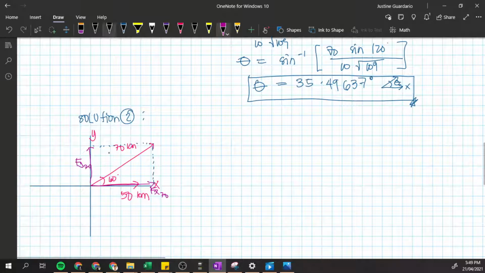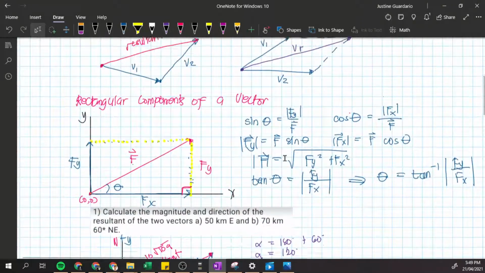So, to start our analysis, we start with taking the summation of the forces sa ating x-axis, okay? Yung mga x natin na vector. So, eto lang yun para mas madali. Wala tayong mga nakaslant. Kasi nga ni-resolve na natin 'tong ating nakaslant or may angle na vector. Therefore, this is equal to 50 plus yung na-resolve natin na 70 kilometers. Paano natin siya i-resolve? Using this one.